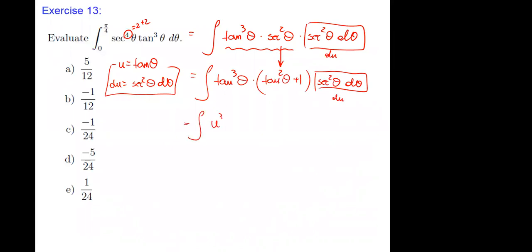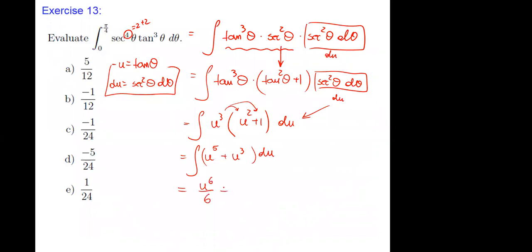This is u cube, this is u squared plus 1, and of course, that's du. Let's distribute: u to the power of 5, because when we multiply, we add the exponents, and u to the power of 3. Integrating, u to the power of 6 over 6, u to the power of 4 over 4.